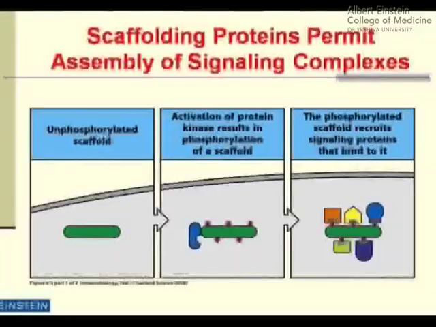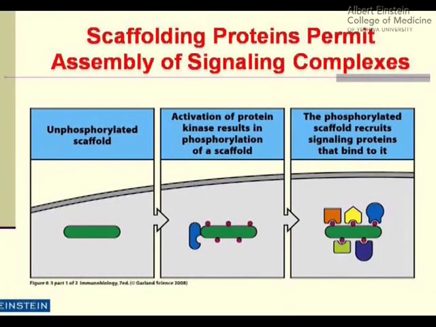Now, another motif that's used by signal transduction molecules is, you have to think about signal transduction as getting a lot of proteins together, because when a lot of proteins are together, they can interact with each other. And if we think about our day-to-day activities, what's the most common place that people go to after work to get together? A bar, exactly. And that's nothing more than a scaffolding protein. And sure enough, this actually resembles what a bar looks like.